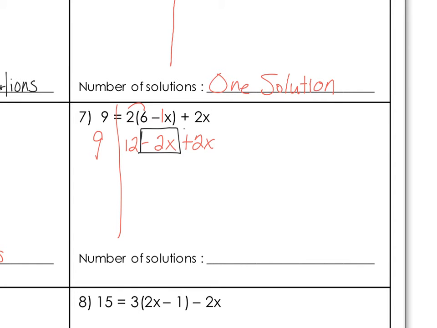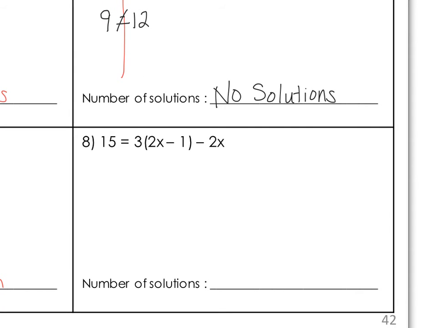I can combine that minus 2x and this plus 2x. When I combine those terms they eliminate themselves. They combine to equal 0x. So I'm left with 9 on the left, 12 on the right, and we all know that 9 does not equal 12, so this has no solutions.